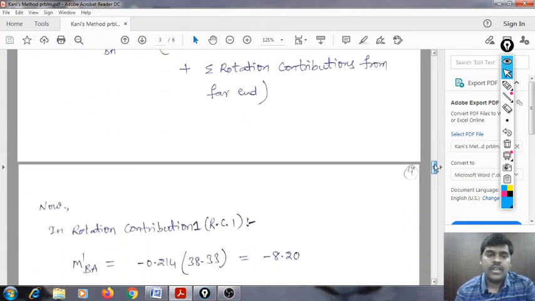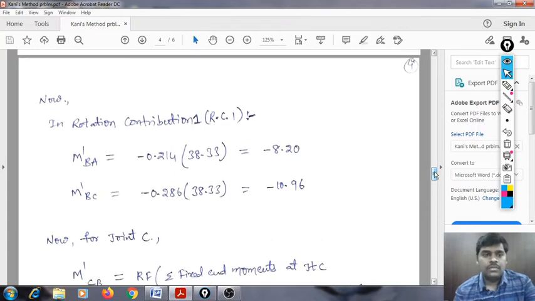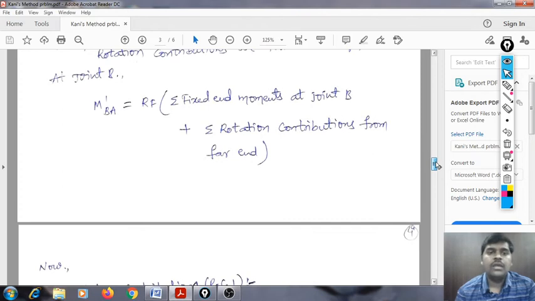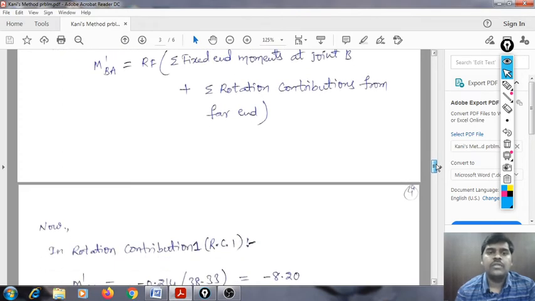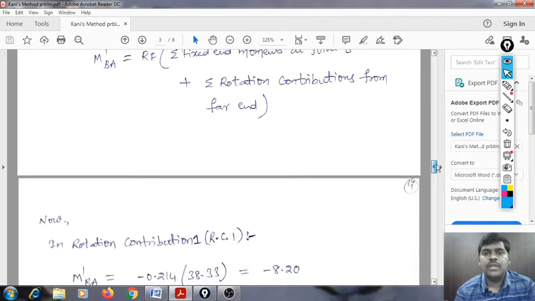So when we look here, in rotation contribution, that is RC1, we have minus 0.214 into 38.33. That is RF into the sum of fixed end moments at joint B.